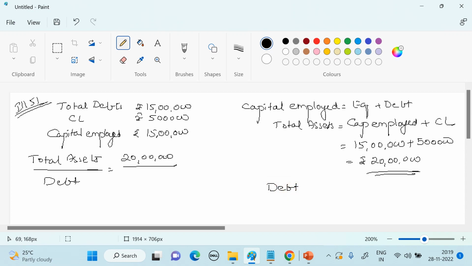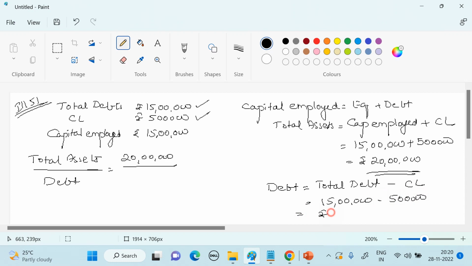Then we have to calculate the denominator, debt. Debt here represents the long term. Here we have total debts and we have current liability. So to get the debt amount that we require, that is the long-term one, all we have to do is from the total debt, we'll remove the current liability, we'll get the long-term debt, which is 15 lakhs minus 5 lakhs.